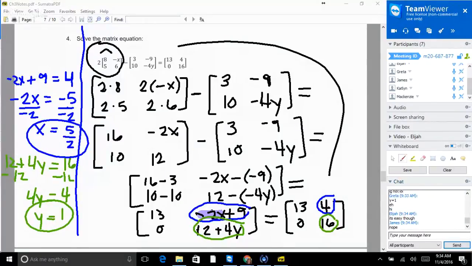Nope to another example, James? You think you're good? Elijah says it's easy. It's easy, but it looks complicated. Yeah, that's true. Yes, the matrix makes it look more complicated. I will agree to that.